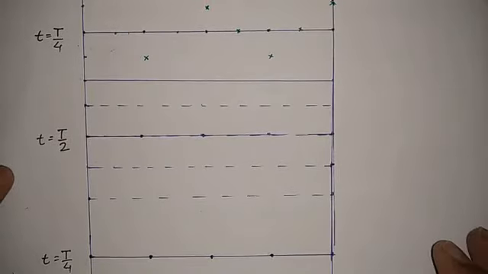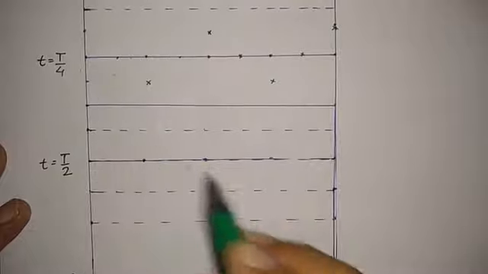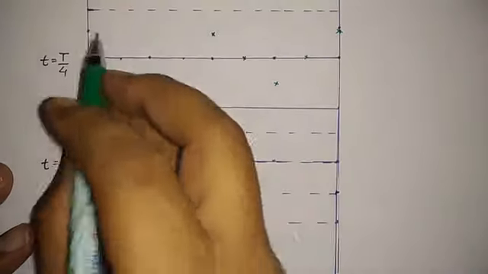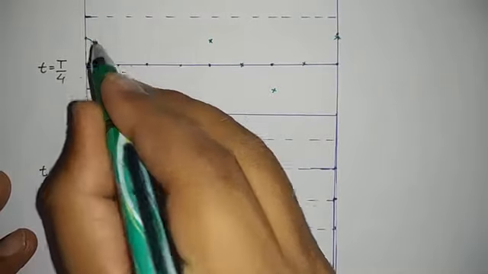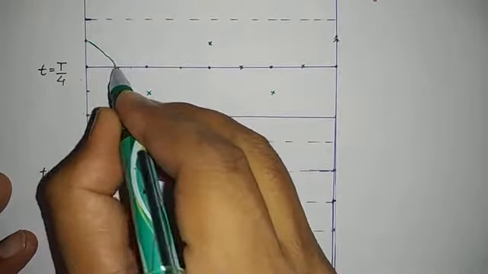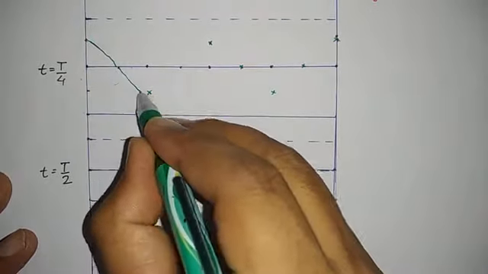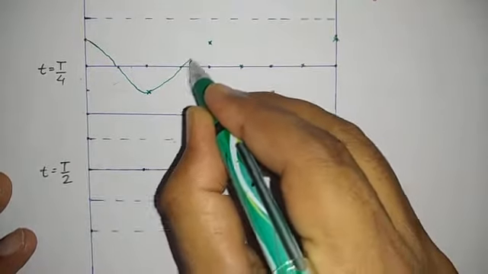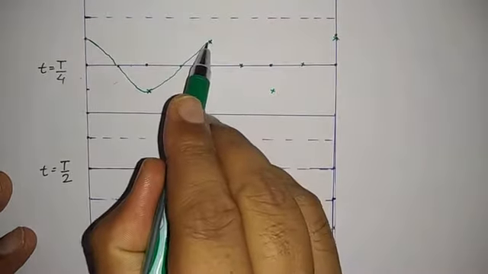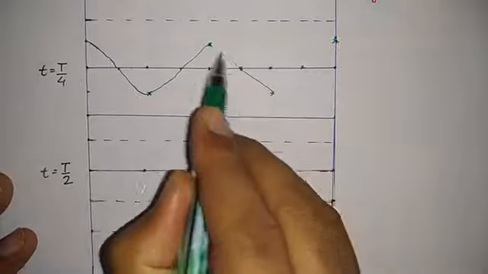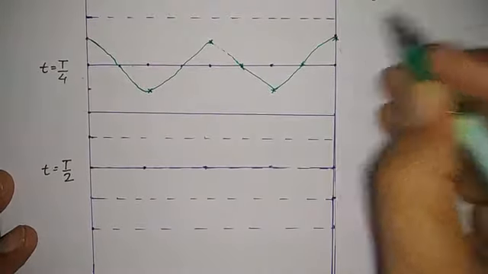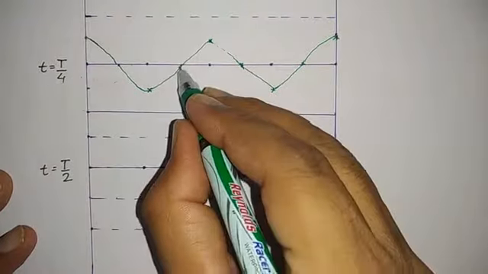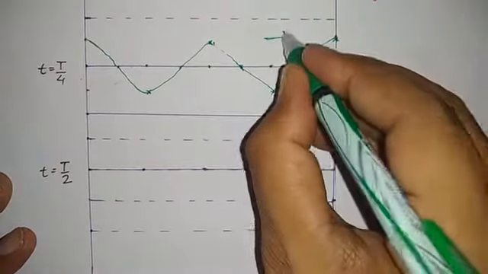So in T by 4 the waves are: the incident wave is represented here with green color. This is the cosine incident wave.